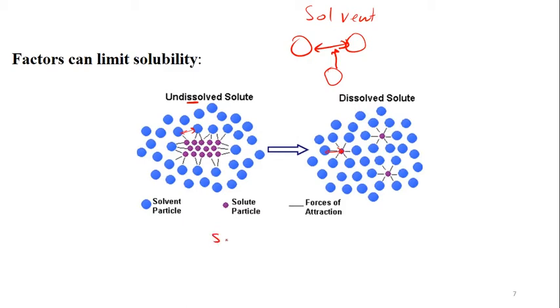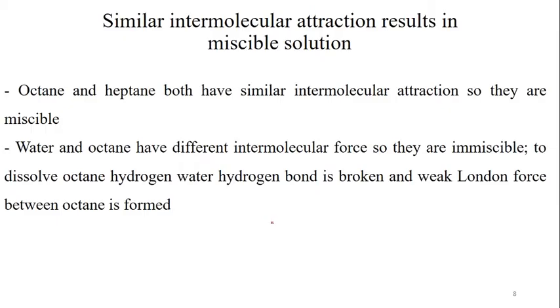So if I have solvent-solid attraction higher or bigger than the solvent-solvent attraction, I will have a completely soluble solution. But if I have the other way around, I will have not a completely soluble solution but an immiscible solution.